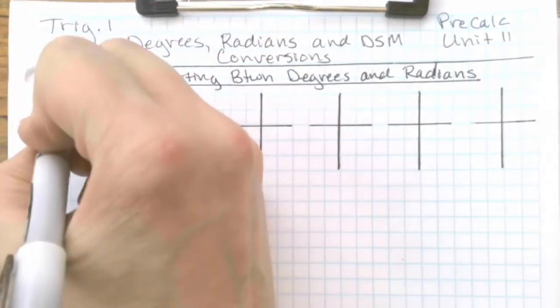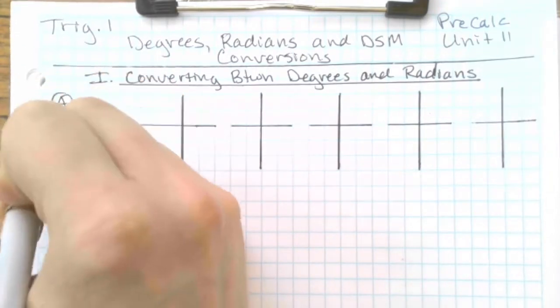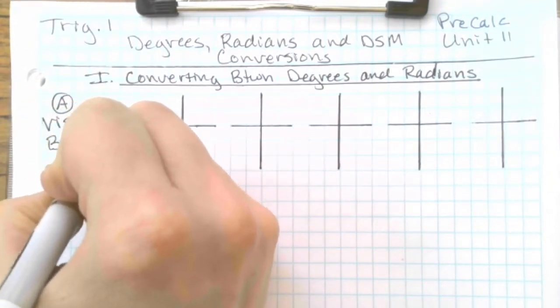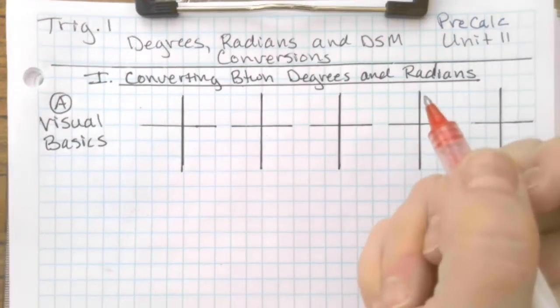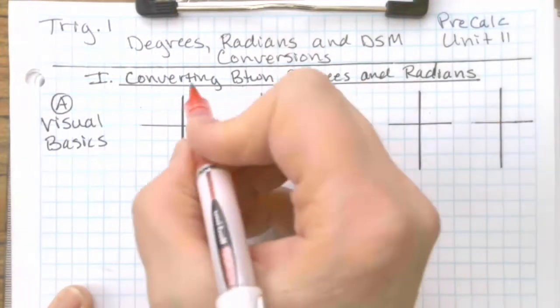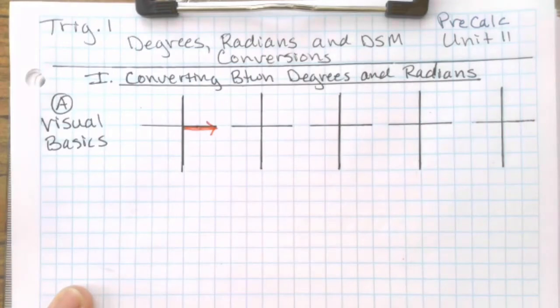Okay, so this is A. This is the visual basics. All right, so first thing you need to know is that the initial side of any angle that you measure in pre-calculus is here. This is your 0 mark.